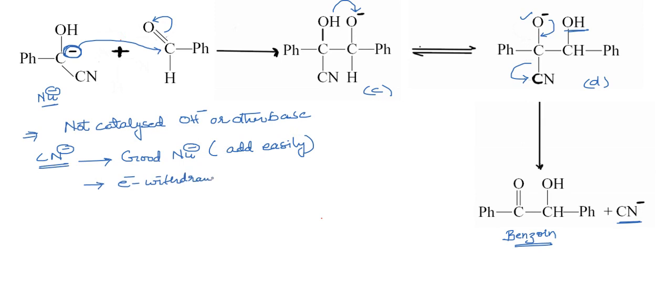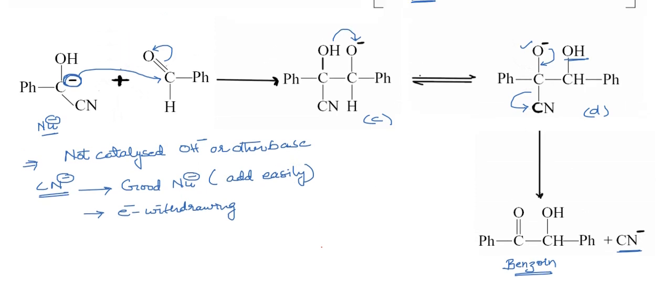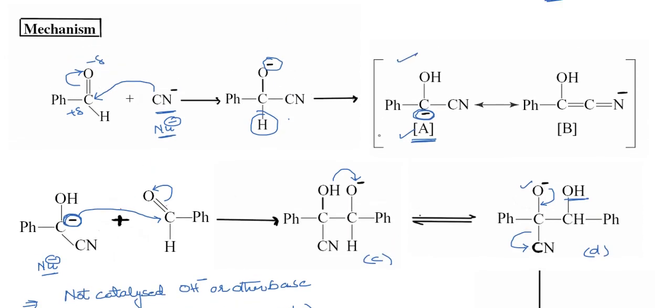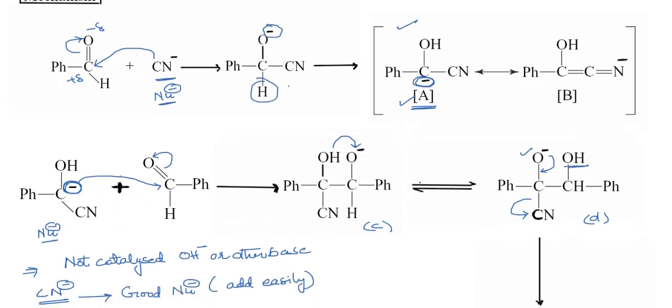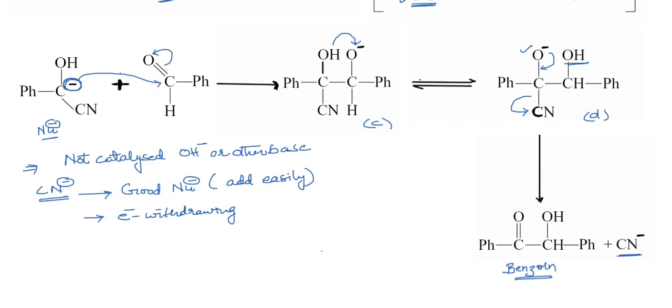So what happened? जब ये electron withdrawing group होगा तो it increases the acidity of the CH hydrogen and the formation of this A is increased, leading to the formation of the carbanion A, which gets resonance stabilized by the structure B. So CN will help the formation of this carbanion A, and that is stabilized by the structure B. So that's why it is a very good electron withdrawing group which helps to increase the acidity of the CH hydrogen.